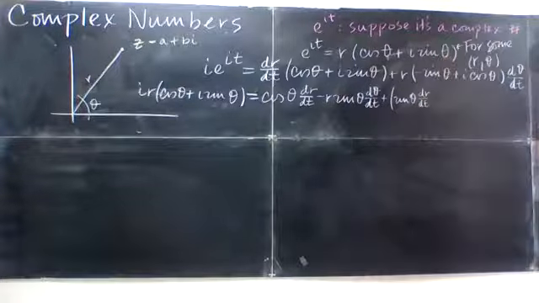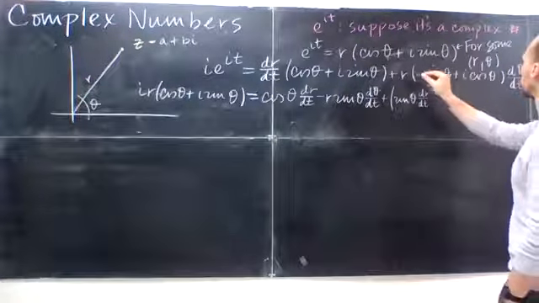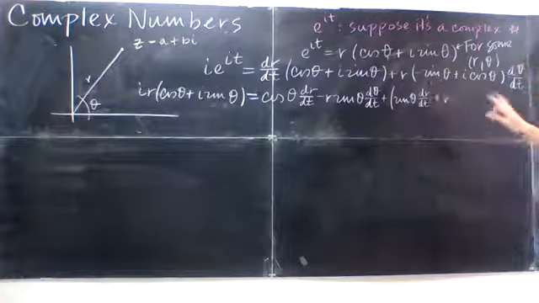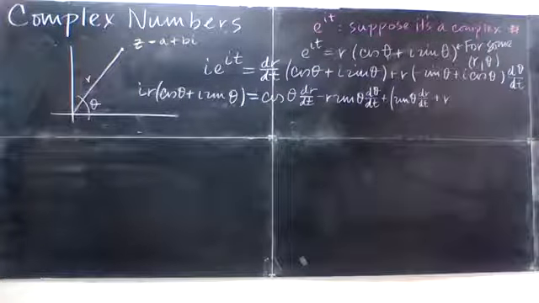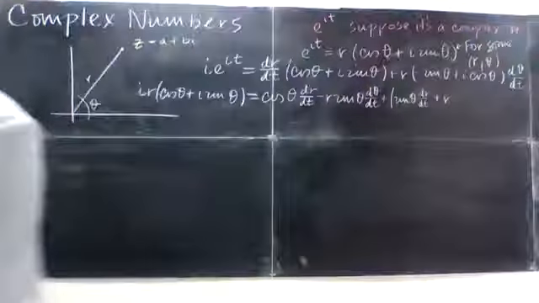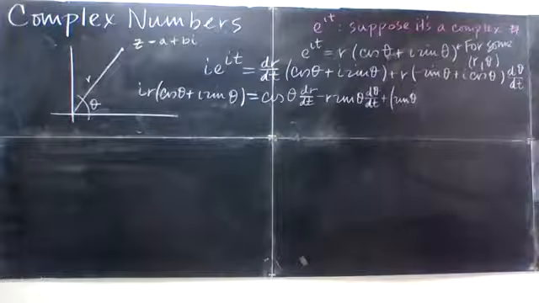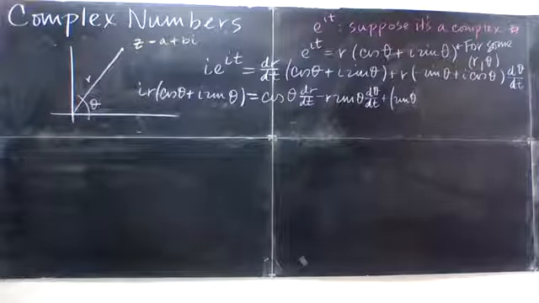Sine theta dr/dt, what is it going to be? Plus r cosine theta. Wait, okay, there is not supposed to be a dr/dt there. I think that's supposed to be an r. Let me step back and look at this. Okay, plus i sine theta. No, that was right.